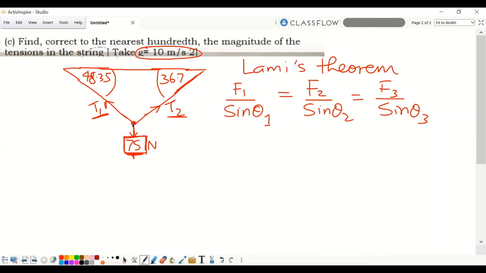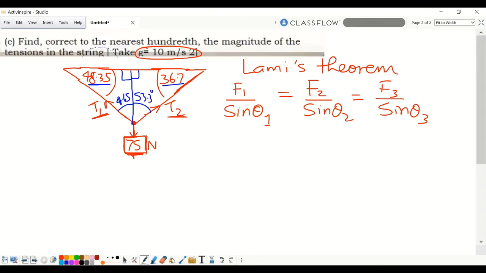So let's find angles. The opposite angles to 75 newtons, which is the only force we know. So let's make it vertical here. We know this is 48.35. We know this is 90. So the remaining of the triangle will be here, and that will be 41.65. Now this one. We know this is also 90. This is 36.7. So remaining will be how much? 53.3 degrees.